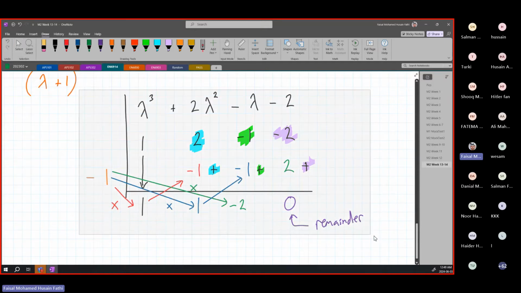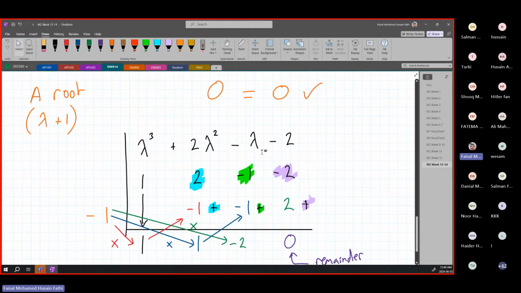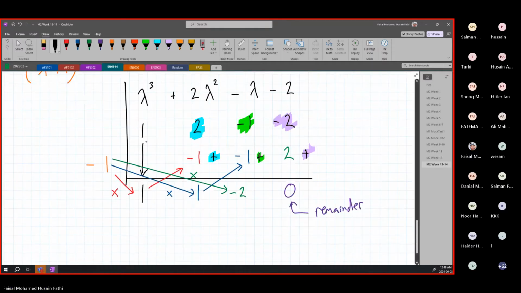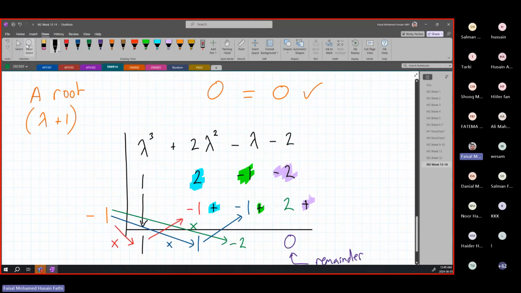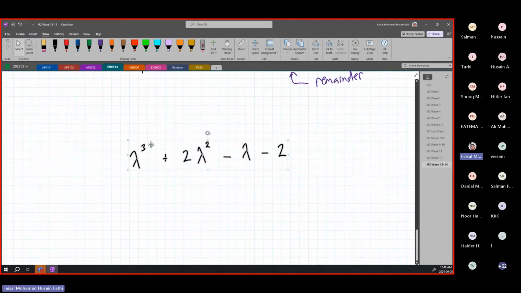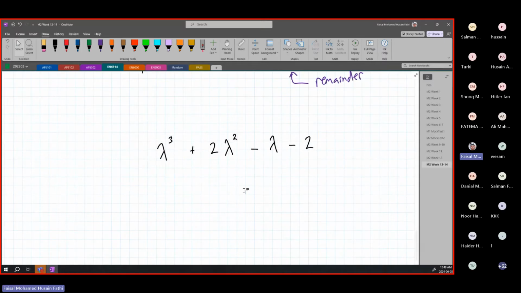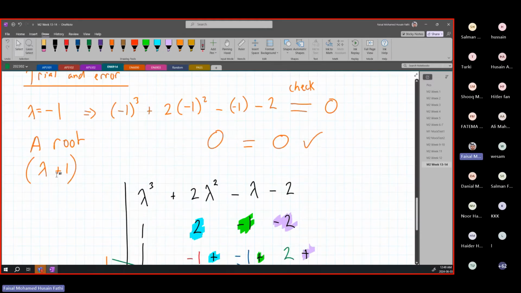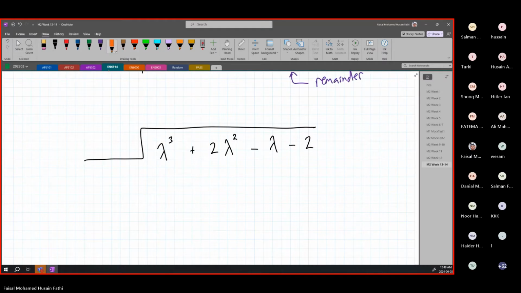If this technique is too complicated for you guys, what you can do is you can take your equation, which is this equation over here, and just do polynomial long division. So you're going to divide this with lambda plus 1. All right?